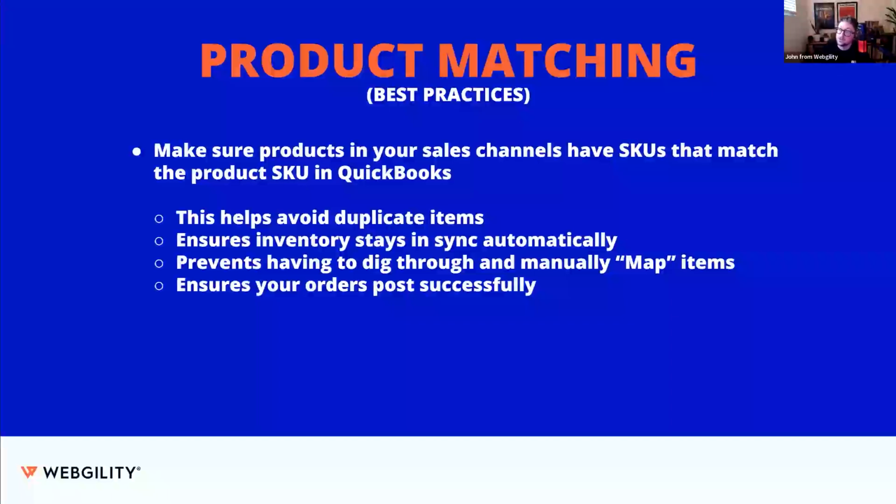So in this case, SKU is the most common way to do that because SKUs are generally unique identifiers that you can copy and paste between your systems. And that's what allows Webgility to say, hey, that pair of shoes that you have listed in your Shopify is the exact same pair of shoes that you have in your QuickBooks company file, right? So that's why it's so important.